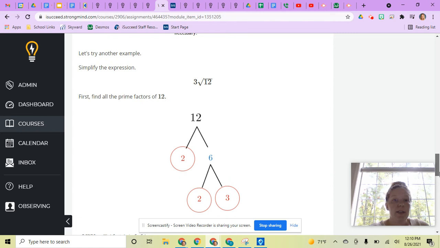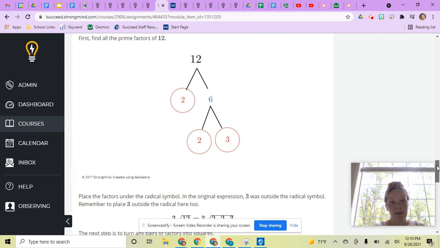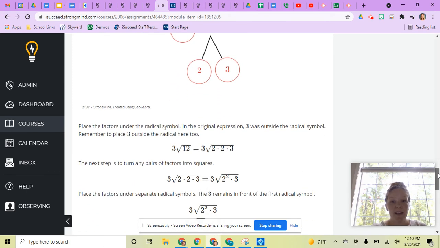All right, let's try another example. This one says 3 times the square root of 12. So we're going to find the prime factors of 12. This one you might know, that 4 is inside of 12 and the square root of 4 is 2. But what they did here is leave the 3 outside because we're not messing with that. That just is in the front of this expression. And then they broke up the square root of 12. You can see that there's 2 2's, so that means we're going to be able to eliminate part of this radical.